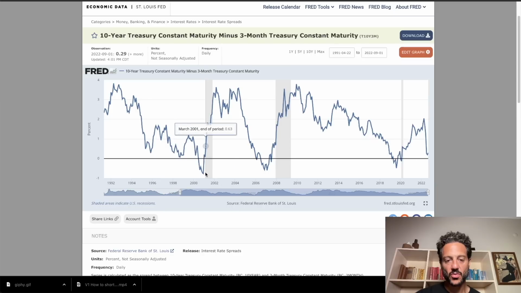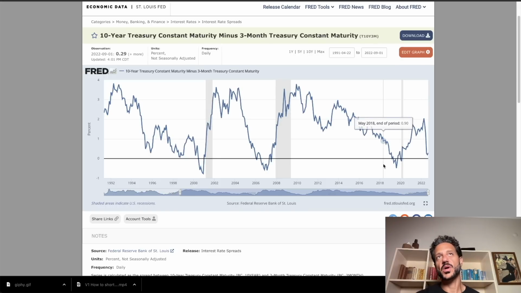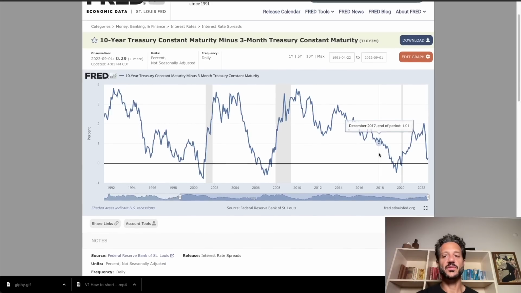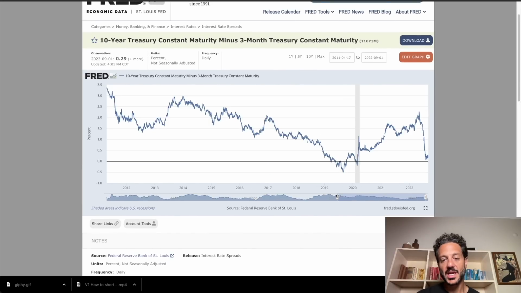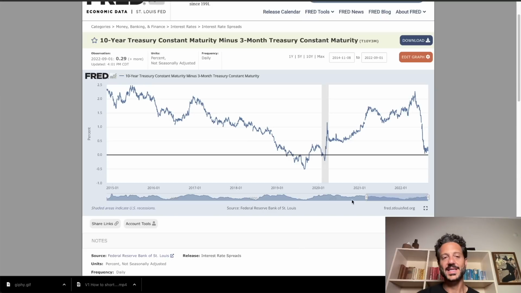The recession before that was in the year 2001, and we had inverted in December 2000. So I'm looking for that inversion now, and if we invert, then we will officially be in likely a broad-based recession. Some argue that we're in a recession now because we've had 2 back-to-back negative GDP quarters, but we will be in a more broad recession once that 10-year and 3-month invert.